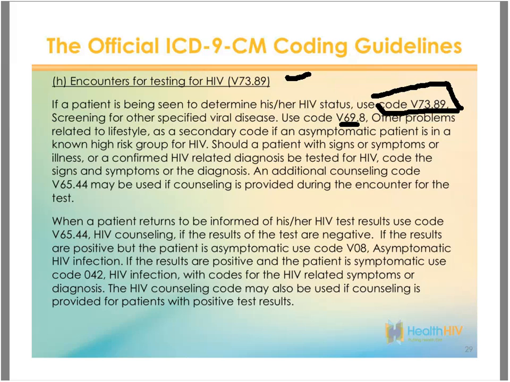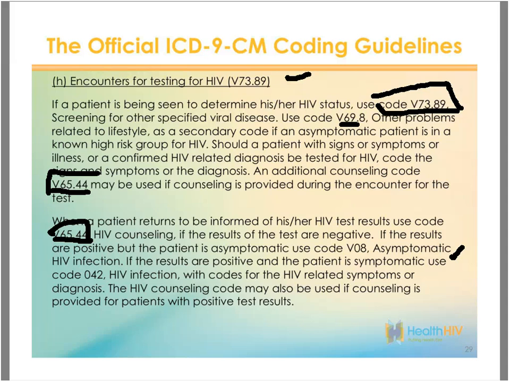Another code that is important to remember is the code for counseling, V65.44. The second paragraph says that when a patient returns to be informed of their results, you should use the counseling code. So again, once you do the test, if you're doing the blood test where you're having the patients come back for the results, the code that you should be reporting is V65.44.